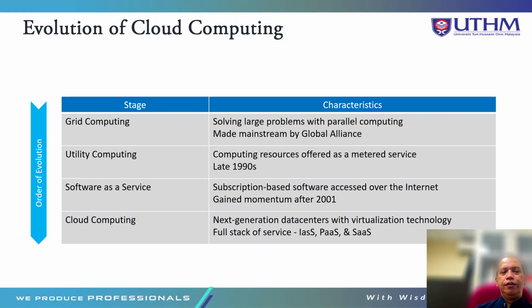So, the evolution of cloud computing. Initially it starts with the computer network actually, and then we move to grid computing. Grid computing is solving large problems with parallel computing, mainstream by global alliance. We have utility computing, where computing resources are offered as metered services.